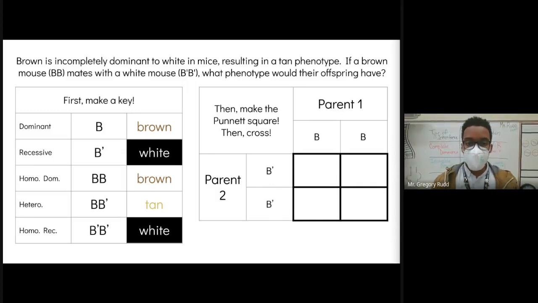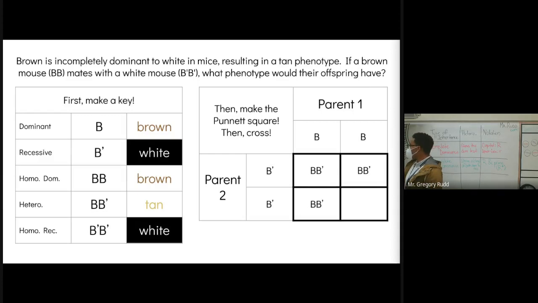And now we're actually going to do the cross. Yes, B prime. Yep, B prime.